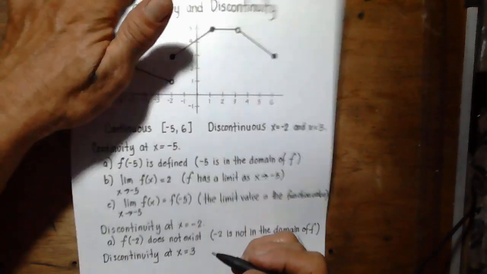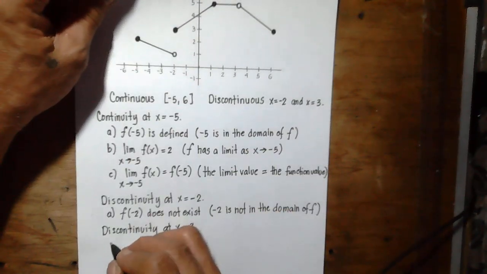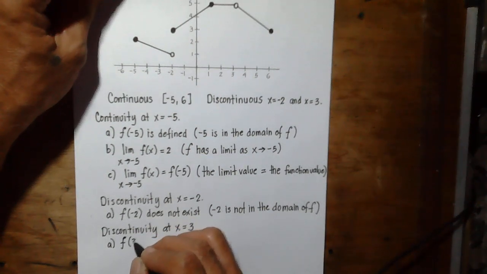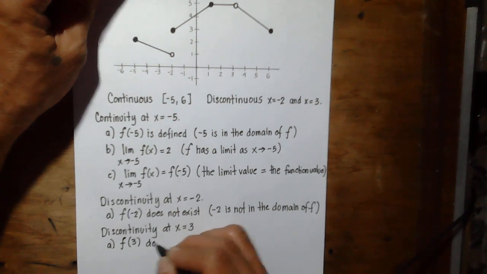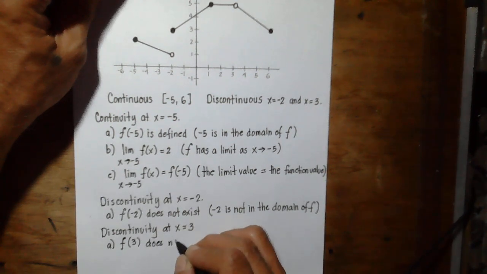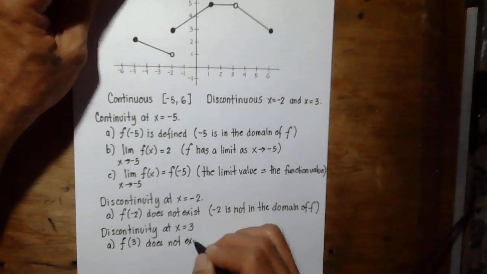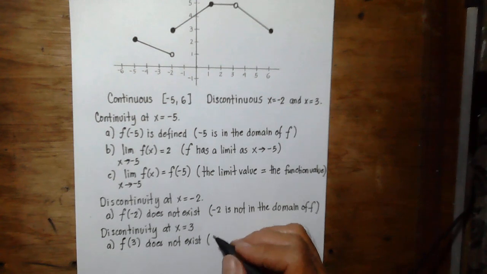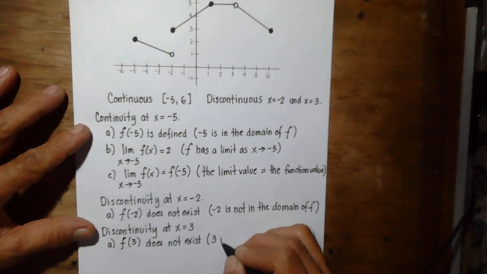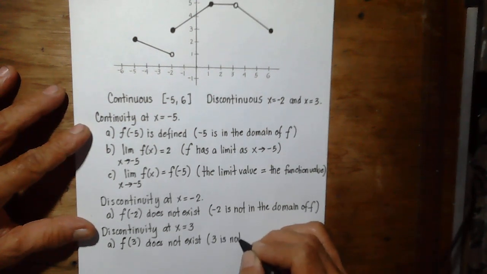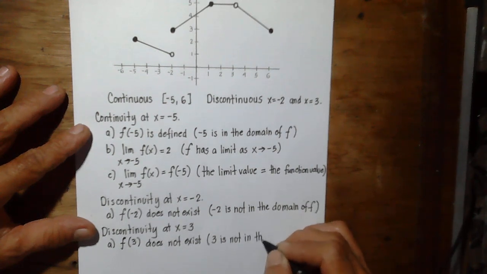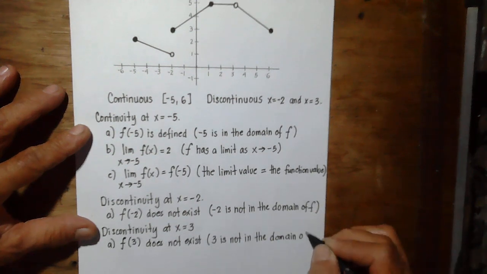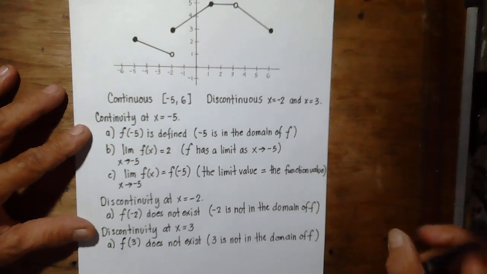For the same reason, we say that f of 3 also does not exist, as 3 is not in the domain of f.